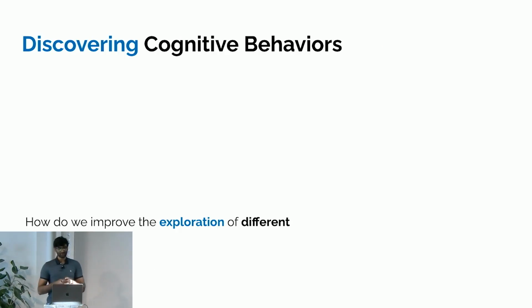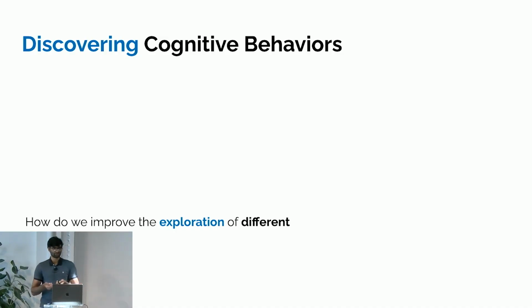So finally, open questions. This work sets up another line of investigation, which is how do you get diverse exploration of different thoughts? Because I don't particularly buy the idea that the base model just does not have the ability to surface these cognitive behaviors.